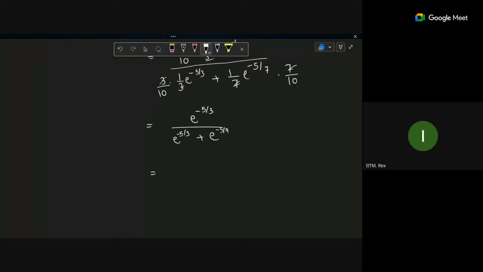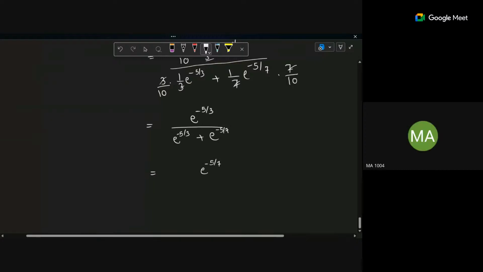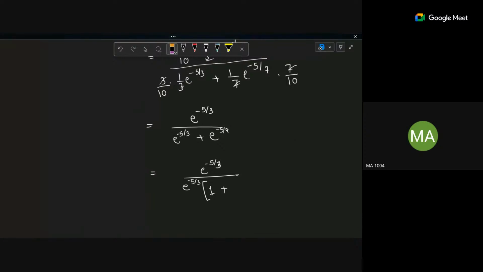So basically, we have to take e raised to minus 5 by 3 common, so that we get cancel out and we'll get 1 upon like that. So let's say you common it out. What will remain inside minus 5 by 3? Here it will be 1. And what will be here? That we have to calculate. Yes, ma'am, one second.